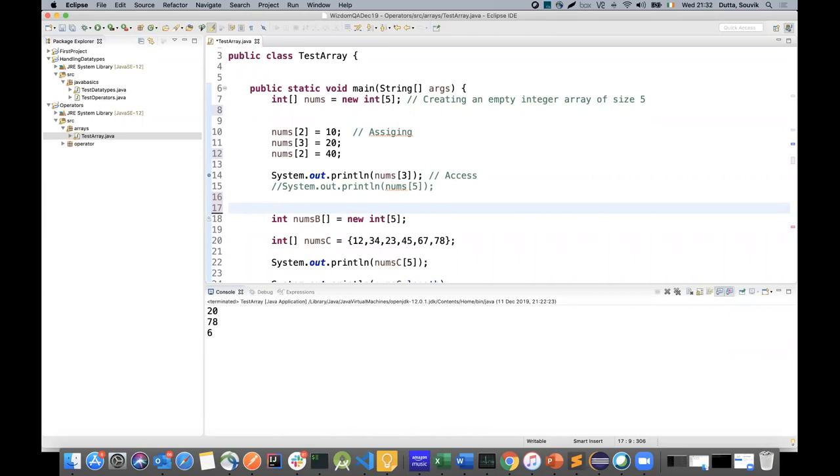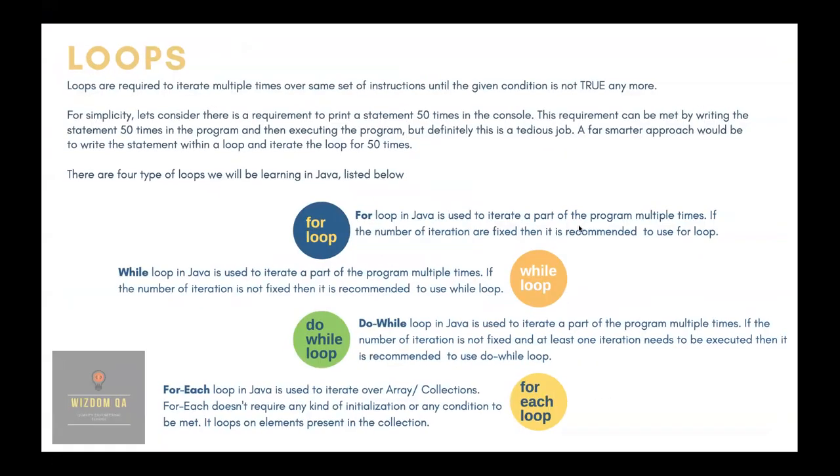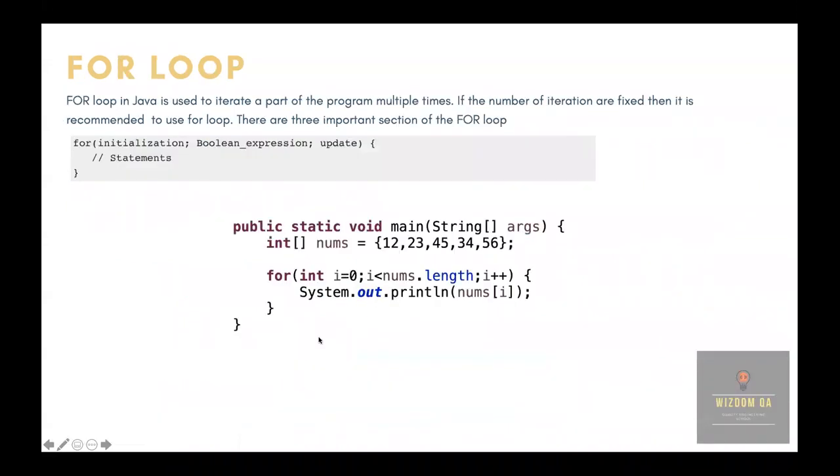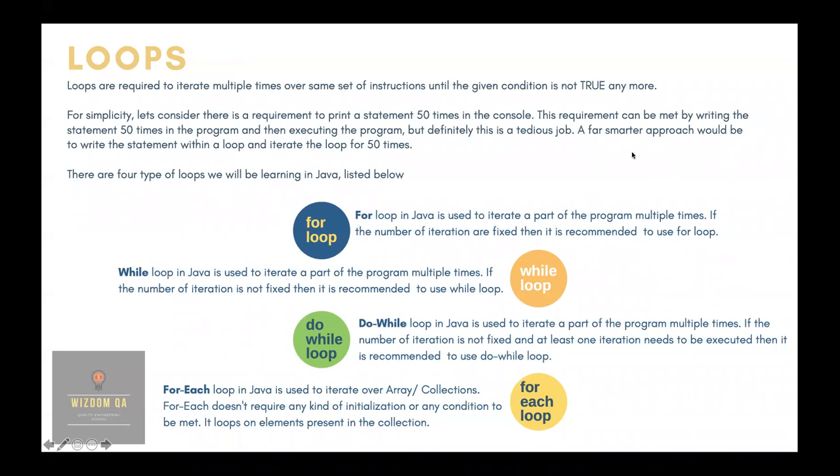So here in Java, we have 4 different types of loops: the for loop, while loop, do while loop, and for each loop. Let's look at the first loop here.